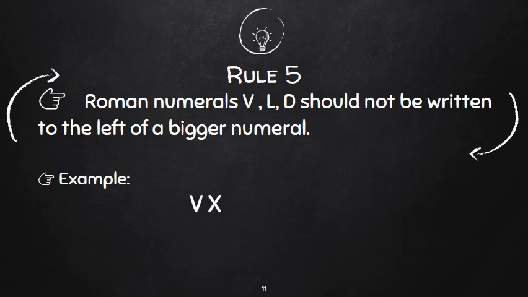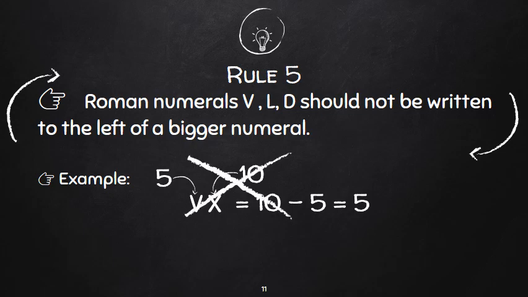VX, if I write VX, then you know the value of V is 5 and the value of X is 10. So we will subtract the value of the smaller Roman numeral from the value of the bigger Roman numeral. So it will be 10 minus 5 is equal to 5. But this is a wrong way.